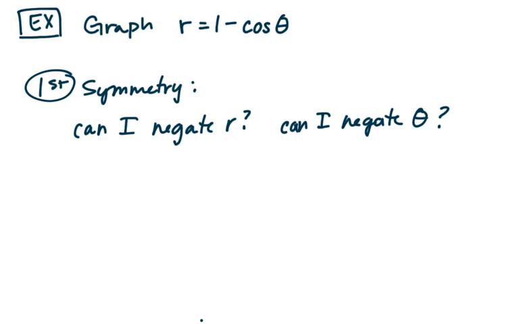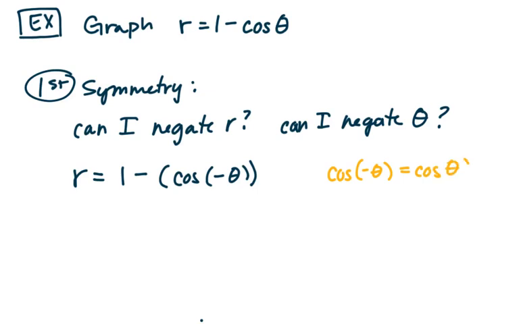All right, so in this situation, say I only negate theta, that equation would be r equals 1 minus cosine of negative theta. Now remember, cosine is an even function, and we know that cosine of negative theta equals cosine theta. So this expression would still be the same, r equals 1 minus cosine of theta.